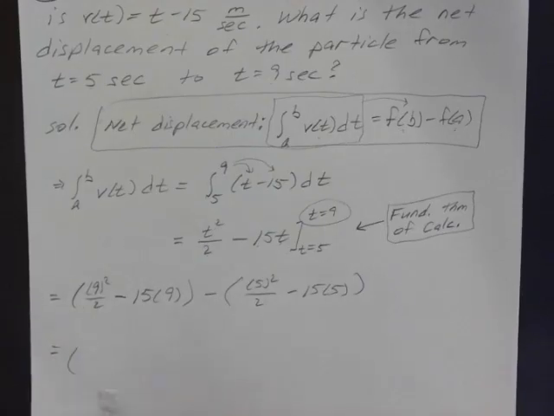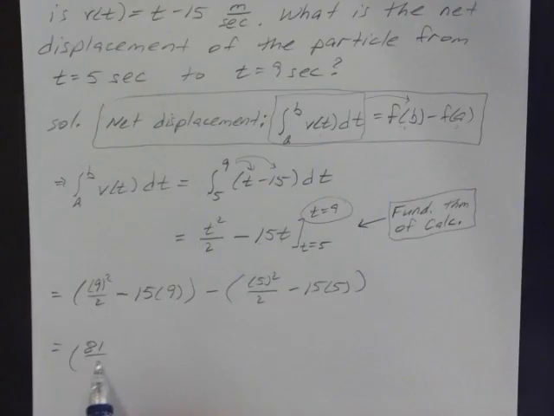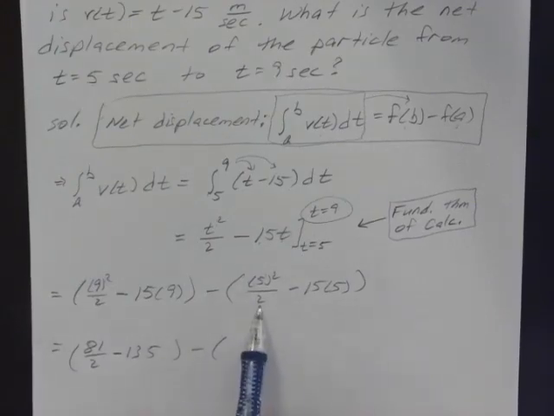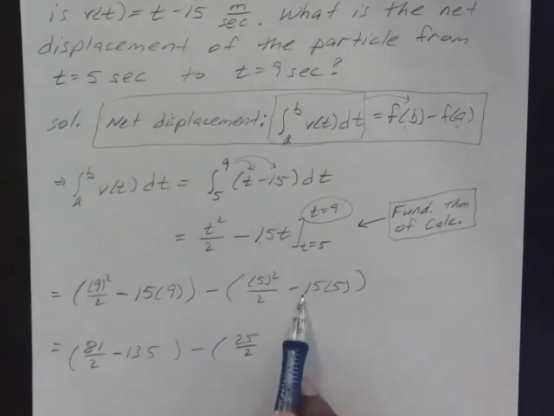Okay, so 9 squared divided by 2 is 81 divided by 2, minus 15 times 9, which is minus 135, minus 25 divided by 2, minus 15 times 5, which is 75.